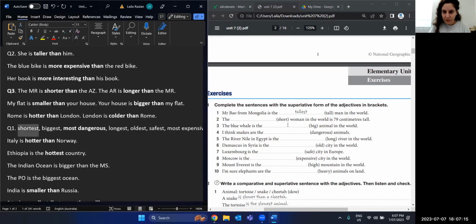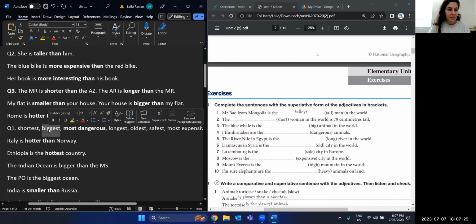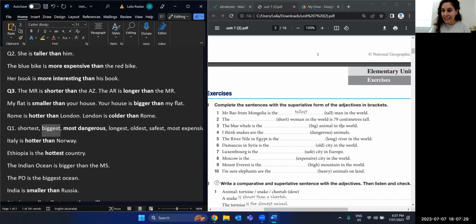The blue whale. Yep, biggest. And you can see in the world, I'm comparing it to many, many animals. Not just the blue whale is bigger than the shark. I compared it to many, not just to another one.